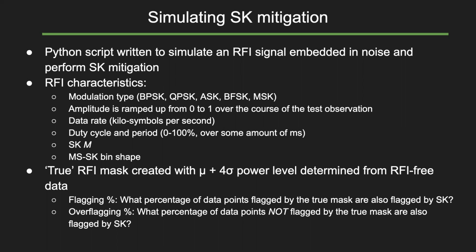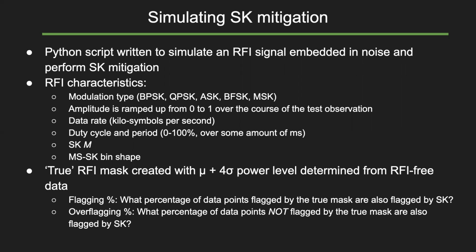But something I can do by myself is simulate RFI signals and their mitigation, which is what I've mostly been focusing on the last couple weeks. So I've got a Python script, both a large scale one on our Green Bank computer Leibniz and a smaller one that I run on a Jupyter notebook on my laptop that can create RFI signals, embed it in noise, and do all the mitigation I need to do.